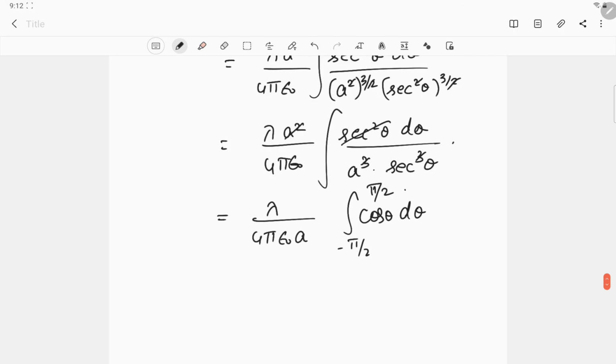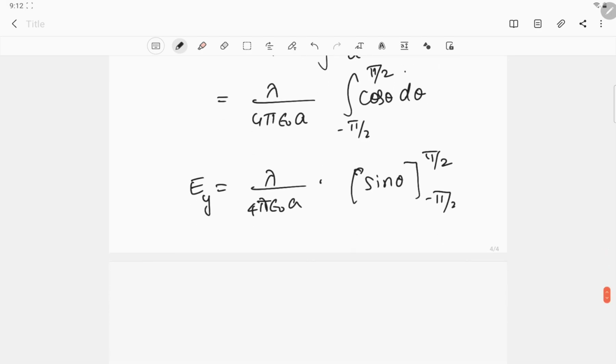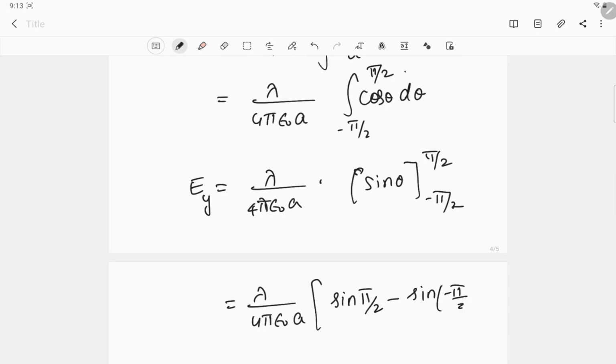Therefore, your total electric field E in the y direction will be lambda divided by 4 pi epsilon naught a into integral, the answer is sine theta, and you have to substitute minus pi by 2 to plus pi by 2. Then just substitute the limits: sine pi by 2 minus sine of minus pi by 2.